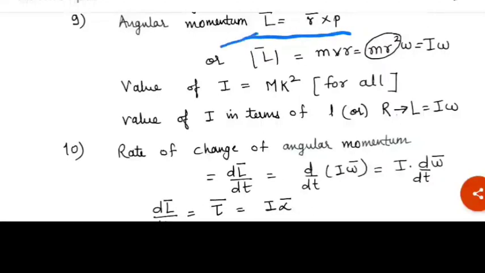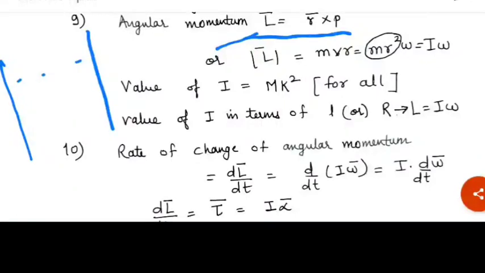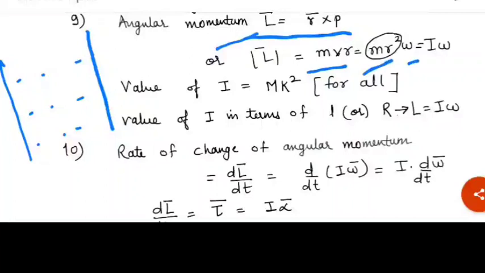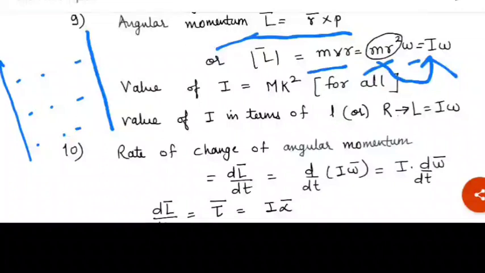To find angular momentum, we again take the support of a determinant of order 3 by 3, and as we all know how to solve the determinant, L equals, magnitude wise, mvr or mr square omega. Putting mr square as moment of inertia, we get the value of angular momentum, and the value of I may be put as mk square.